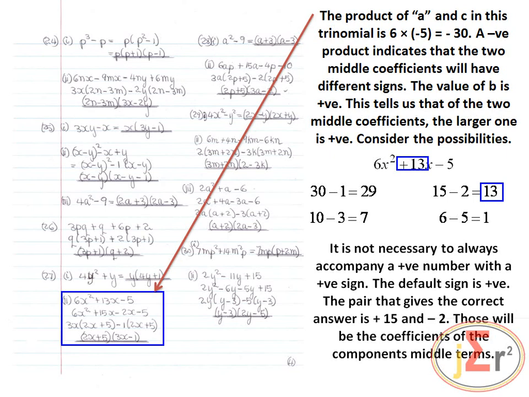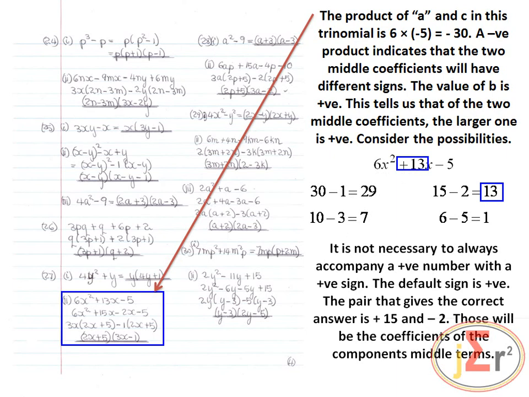They may make a mistake. For example, if they did not consider the sign, they probably would have said 10 plus 3 is equal to 13, and they may attempt to factorize the expression with a positive 10 and a positive 3 because they give 13.